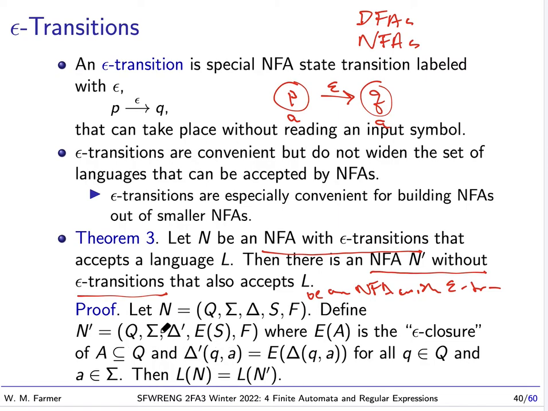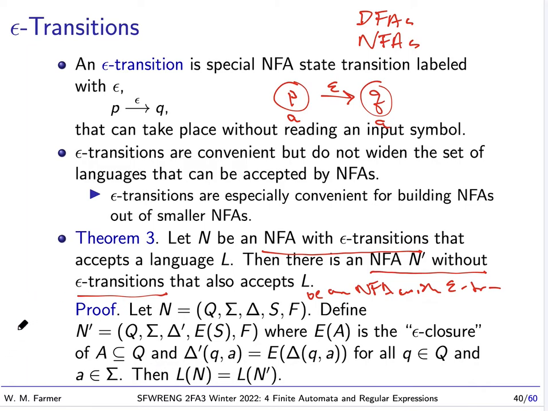It will have the same states, same input alphabet. It's going to have the same final states, but we're going to change the start states and we're going to change the transition function. And we're going to do this using something called the epsilon closure.